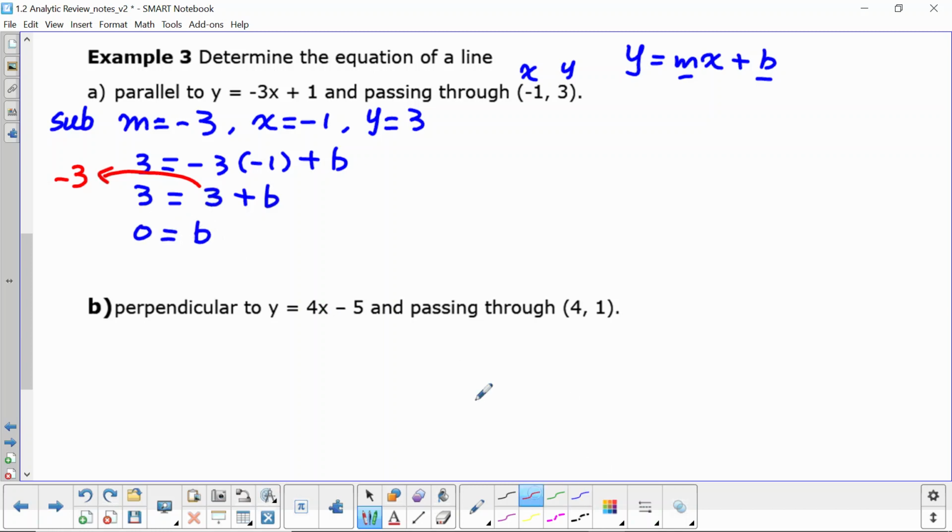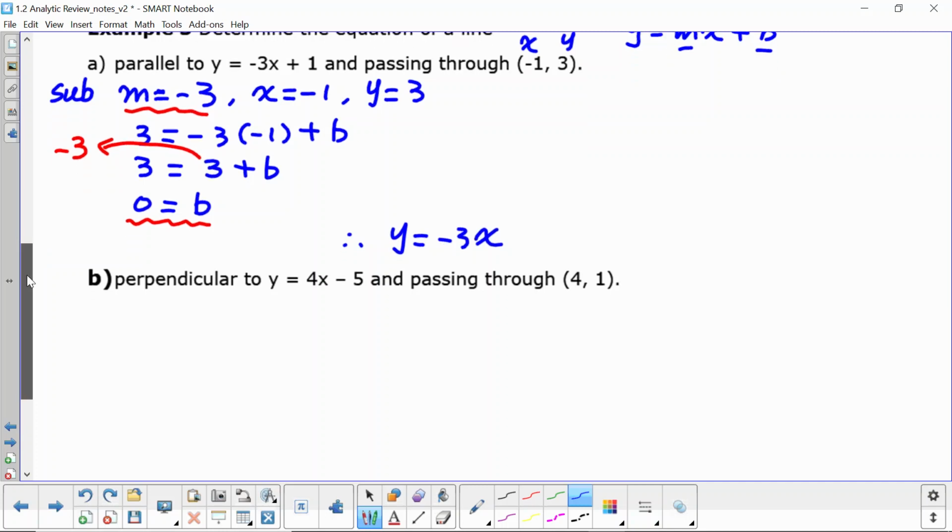So now you have the m. You have the b, we sub in these two into the equation y equals mx plus b. You will have y equals m is -3 and b is 0 plus 0. You don't need to write it there.